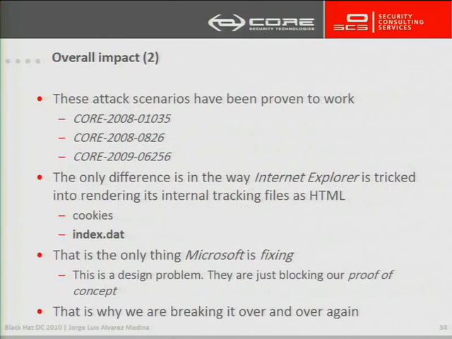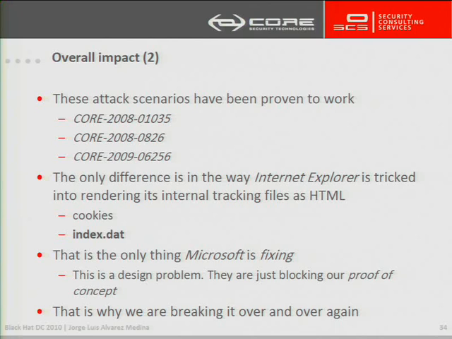And well, before anything, this process of forcing Internet Explorer to treat a file as HTML has been done in 3 advisories so far. The last one is being published today, and I think it should be available right now on the Core Security website.